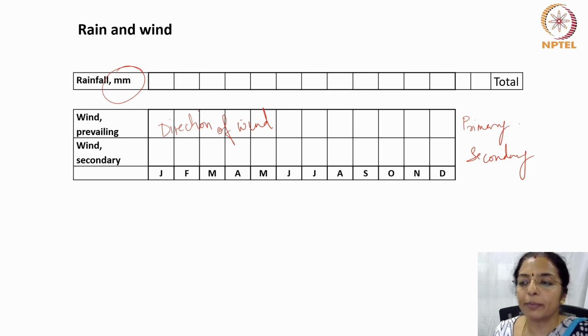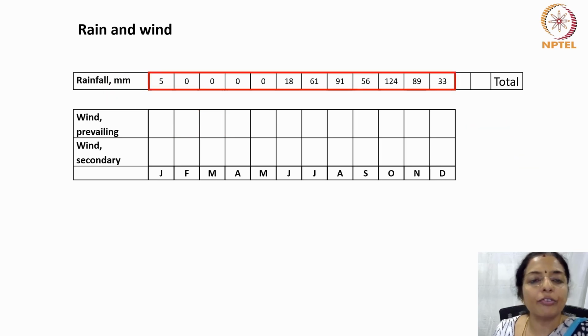Both must be fed in. So how will it look like? Finally, after you fill in the entire rainfall in millimeters, you add that and fill the total rainfall also, which here will be the addition of all the 12 months rainfall.